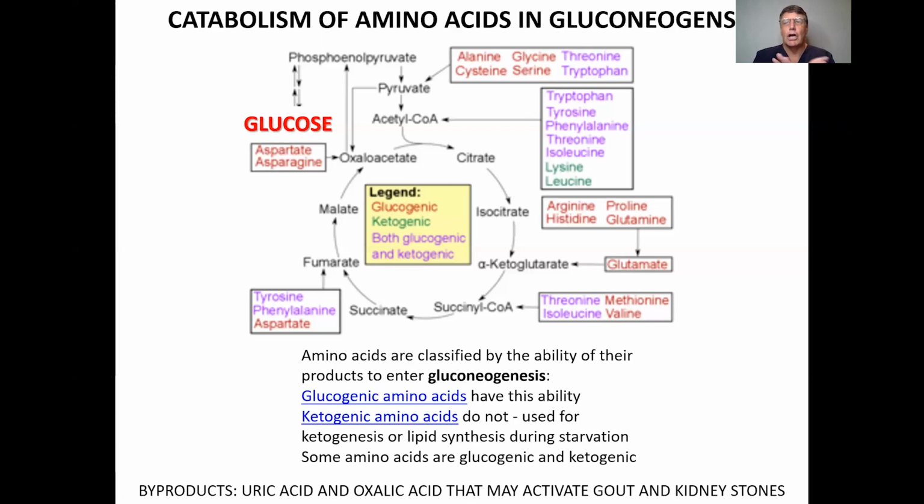Remember, the human body has no capacity to store protein. We'll get back to that in one second. So when the human body, in a pathological way, breaks down a lot of amino acids to provide glucose or ketones, the byproducts of that excessive protein breakdown, the protein byproducts, excrete uric acid and oxalic acid.